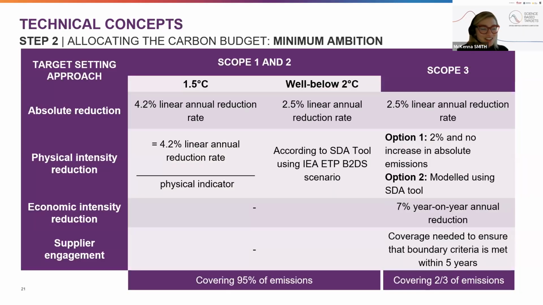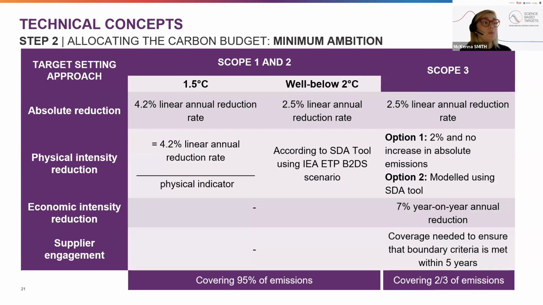Right, so this graph is fantastic, and I would really encourage everyone, when the slides are sent around, this is the graphic you want to keep in mind. These are all of the different options we currently have for companies to set scope 1 and 2 and scope 3 targets.